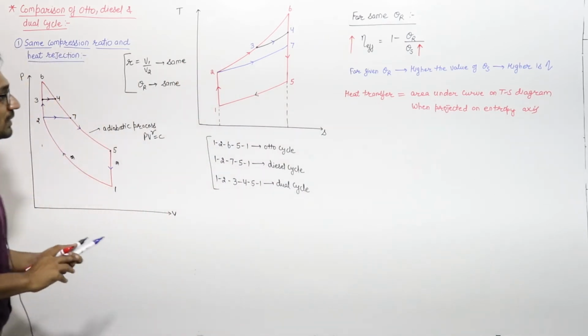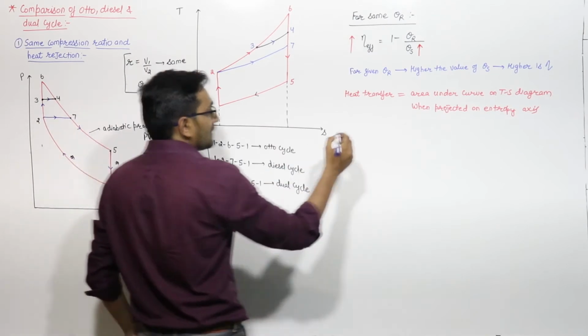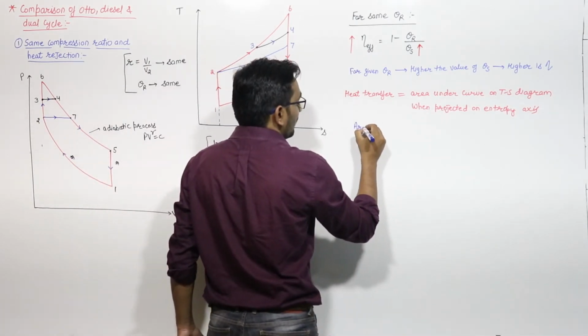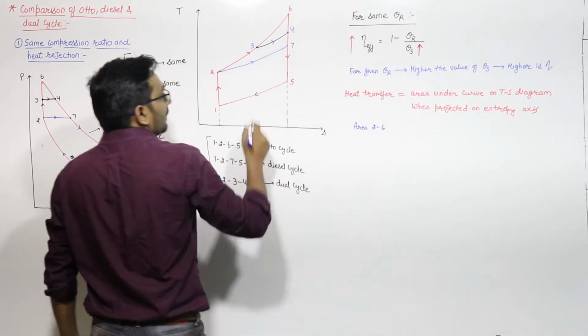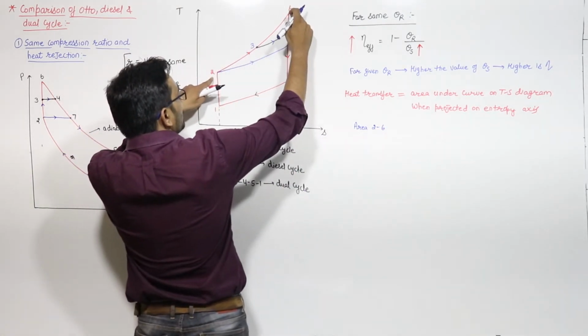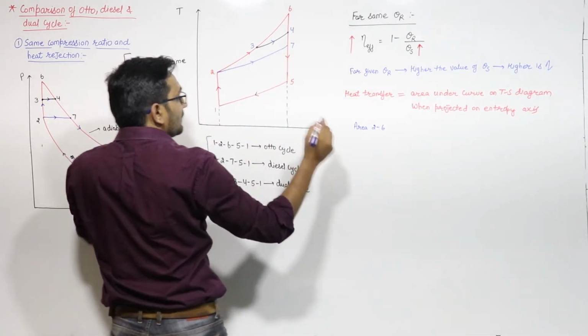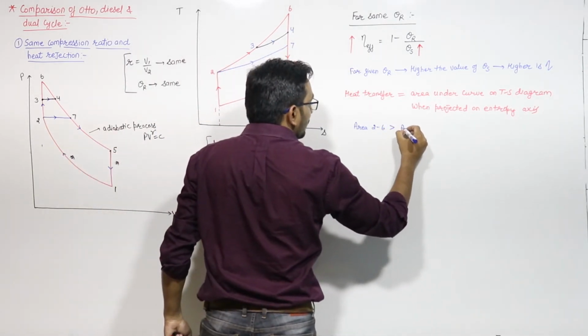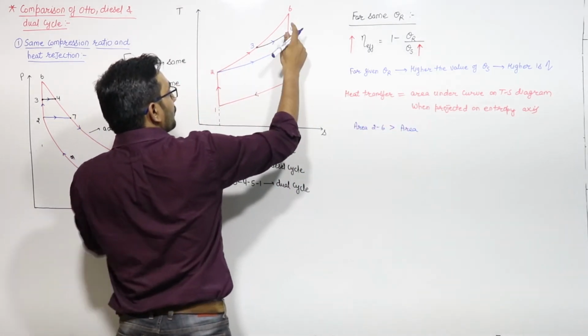So you can see from here that the area of this curve 2 to 6, this complete area, is more than the area of the curve from 2 to 3, 3 to 4, this area, right?